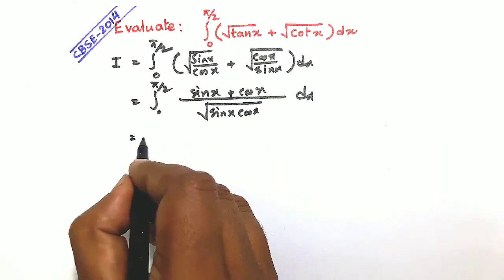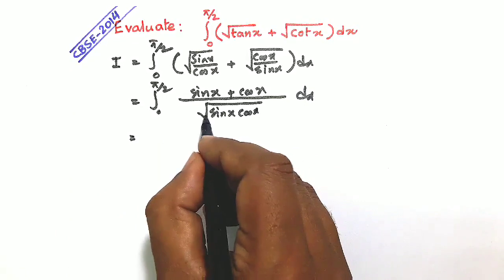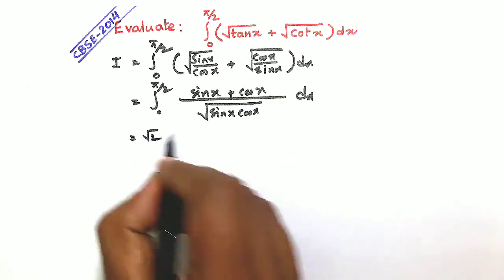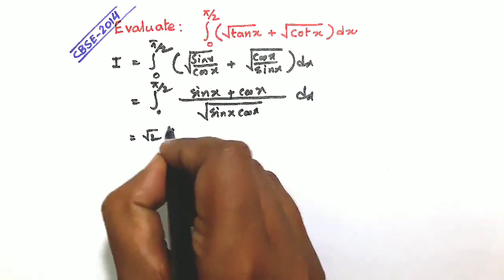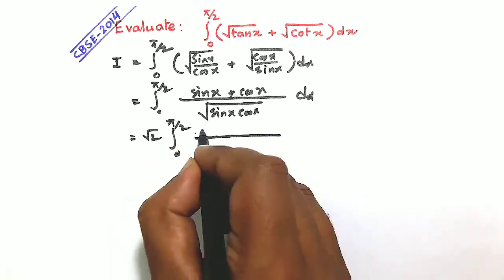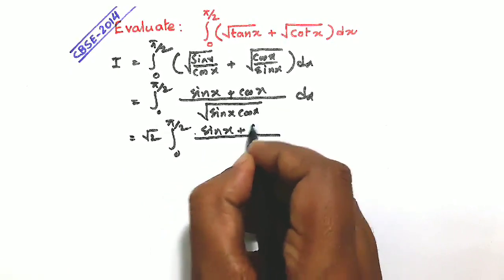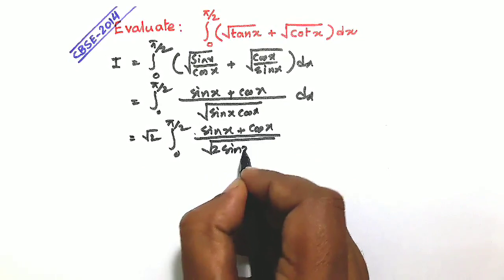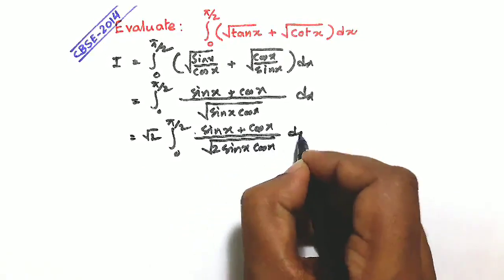So friends, we can introduce root 2, so there is root 2 outside, integration 0 to pi upon 2 sin x plus cos x divided by root over 2 sin x cos x dx.